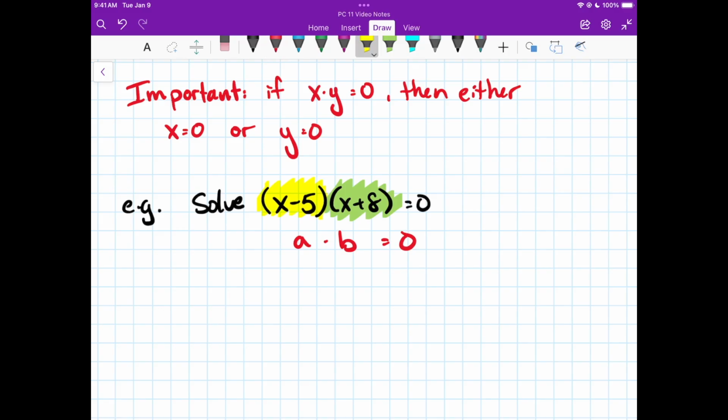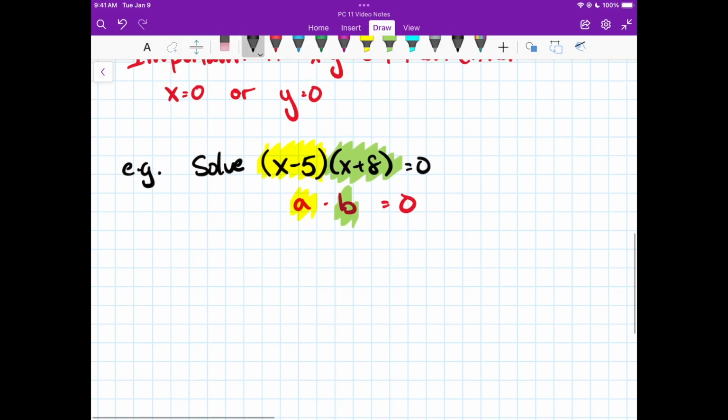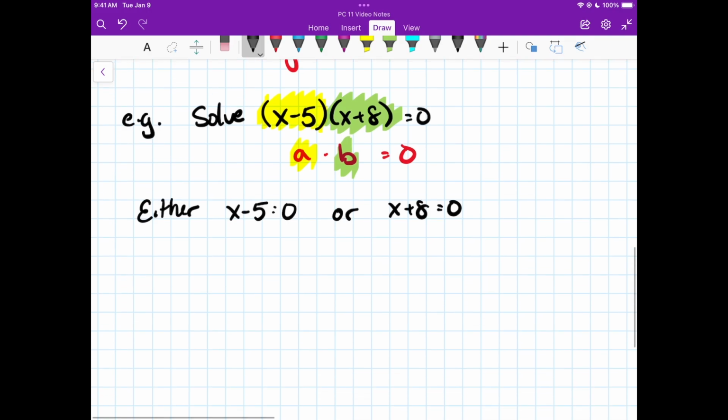Well, if this is going to get you 0, then either the first thing has to be 0 or the second thing has to be 0. So either x minus 5 equals 0 or x plus 8 equals 0. And so now we just solve those two things. Right, we've basically got two little mini equations.